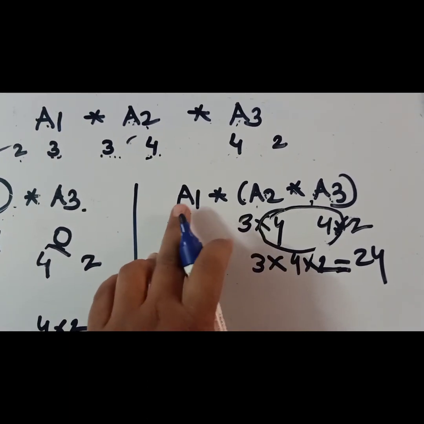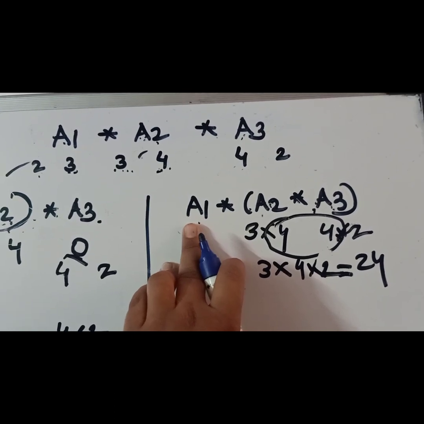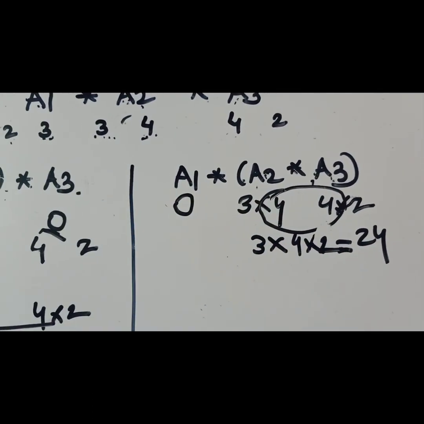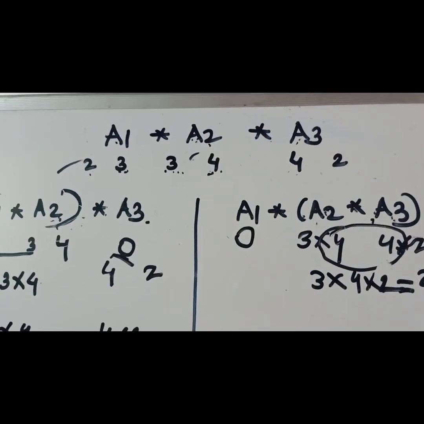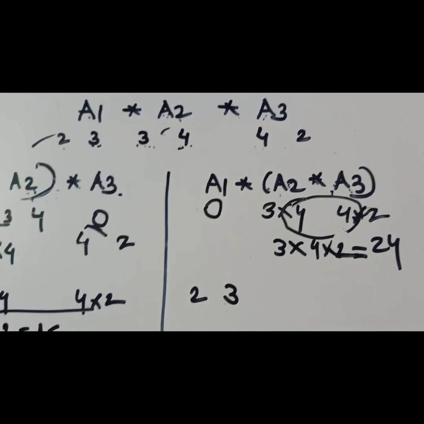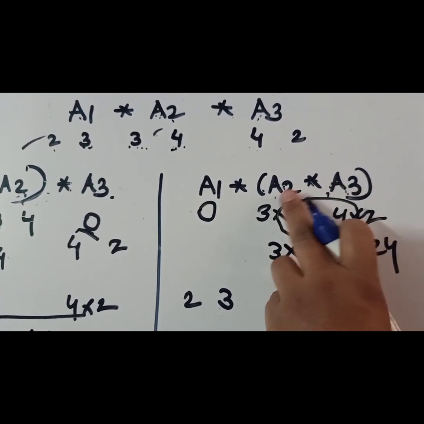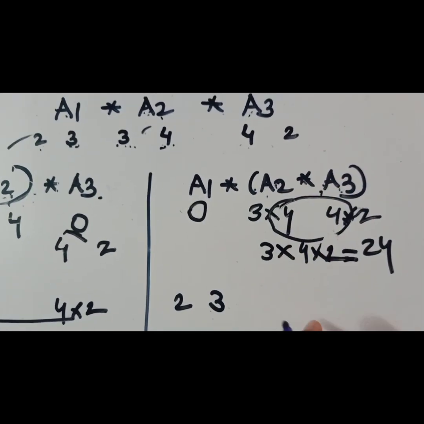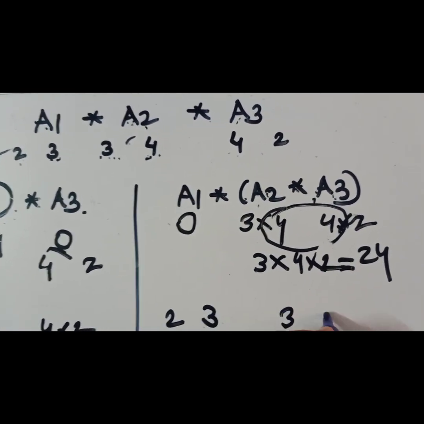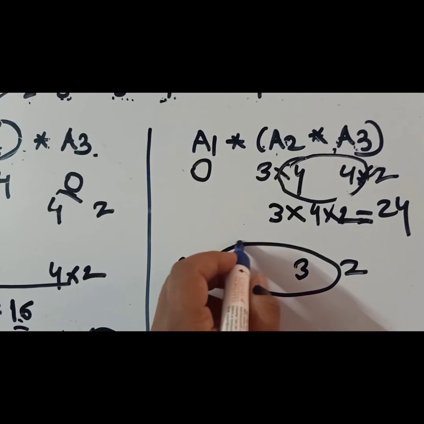Now again the same thing. a1 is a single matrix, you are not multiplying, so the number of multiplications for a1 will be 0. Now what is the dimension of a1? a1 dimensions are 2 and 3. What are the dimensions of the resultant of a2 and a3? This is 3 and 2. So again this 3 is common.